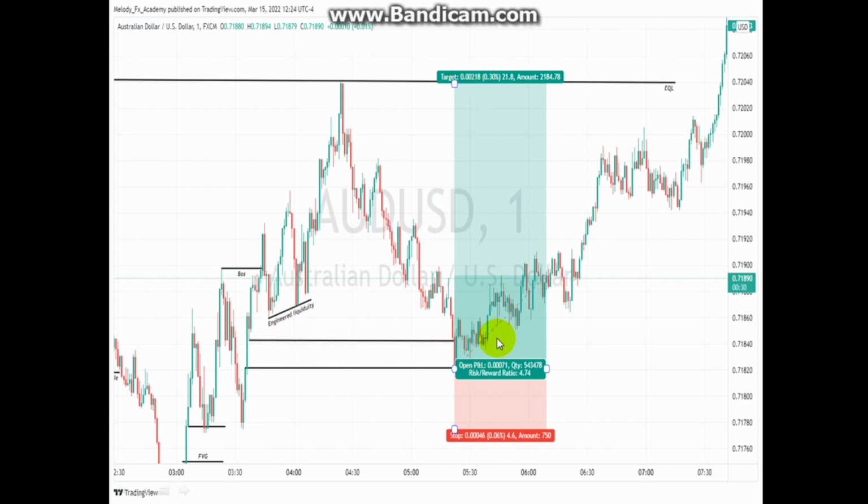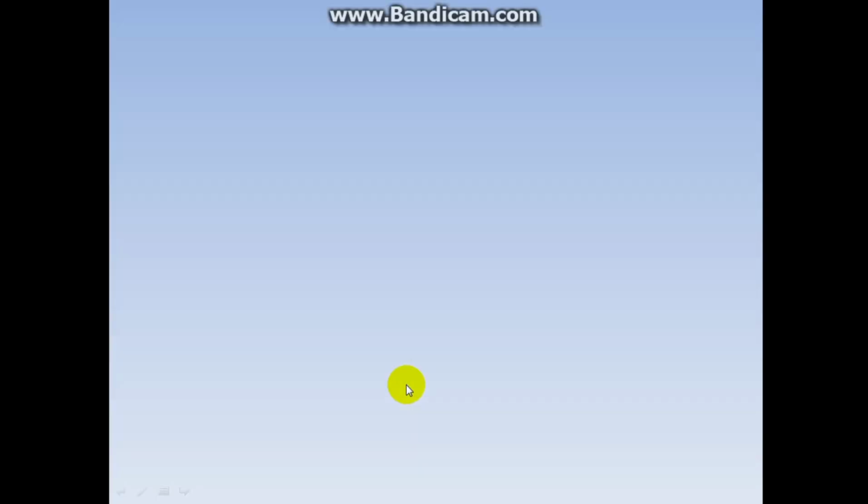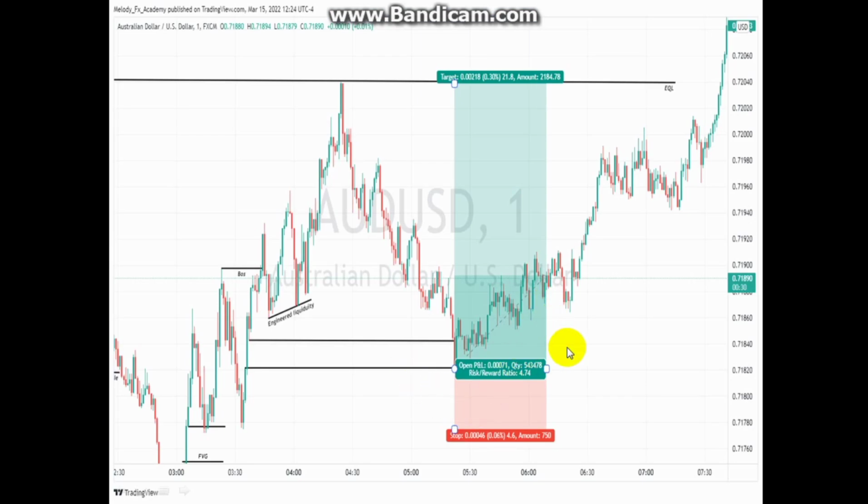As you can see, this was where I got in, my stop loss was right here, and I targeted this old high, and I got out nicely with 218 pips.